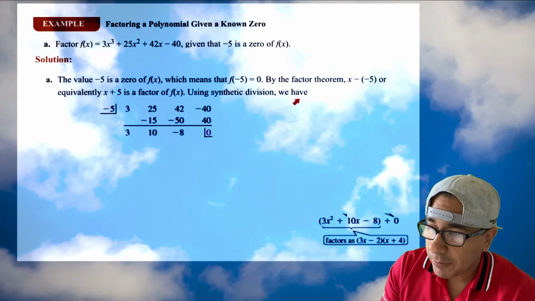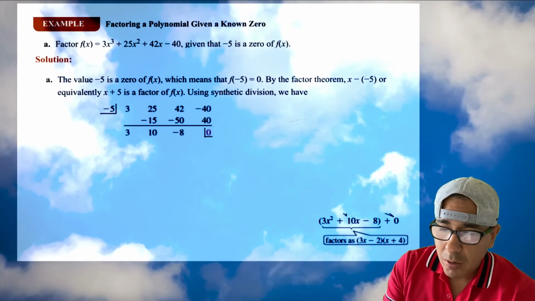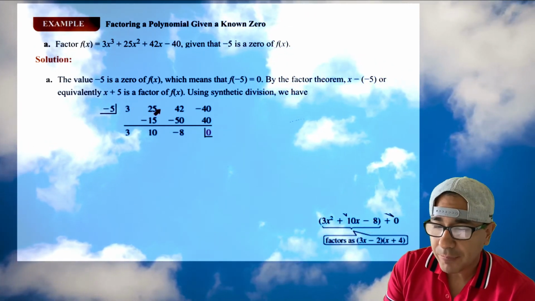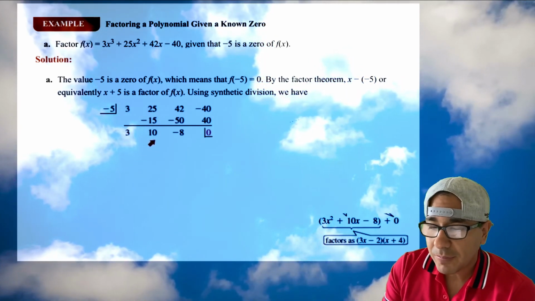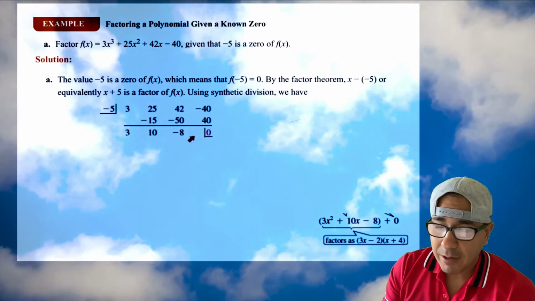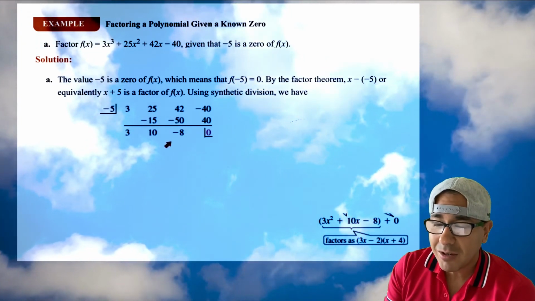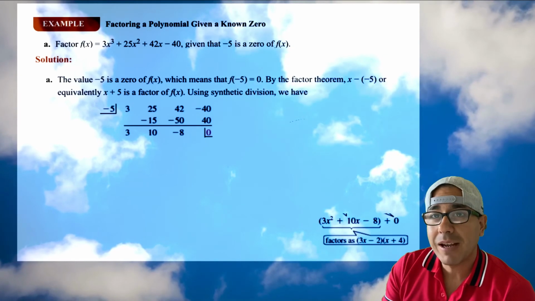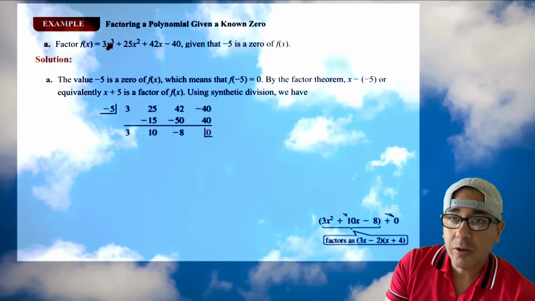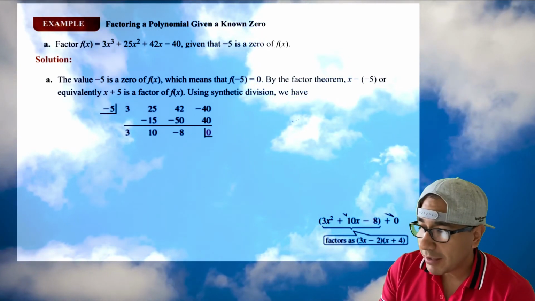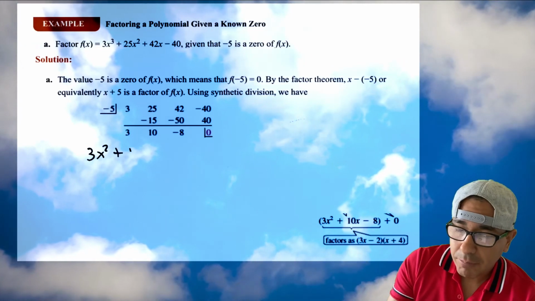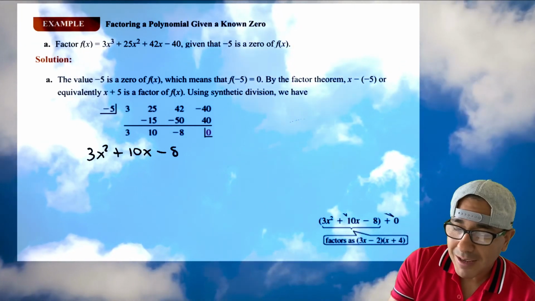All right, so here we go. We use synthetic division. We grab that -5, and we grab all these coefficients. We already know that we're going to get a remainder of 0. What I really want is these right here, because these are going to be the coefficients for my next polynomial. Our original polynomial was x to the 3rd power, so when I rewrite this, it's going to turn into 3x squared plus 10x minus 8.